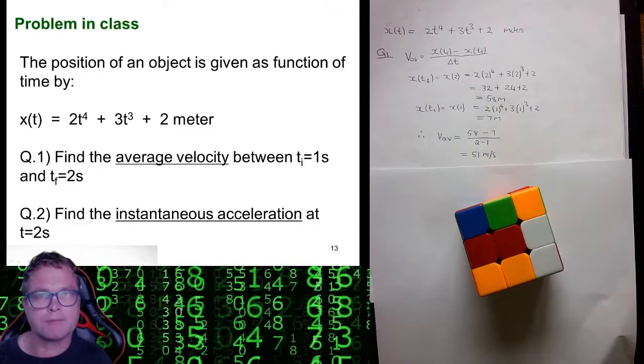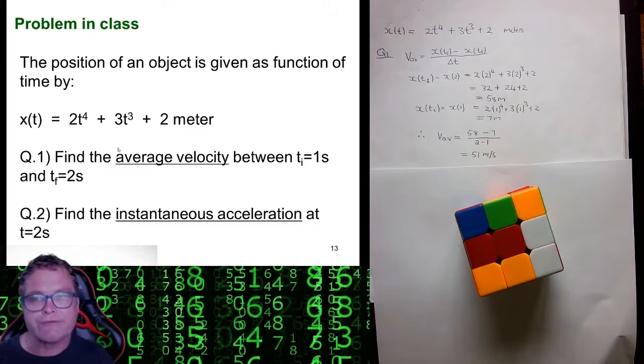Let's do a problem to test our understanding of the concepts of average velocity and instantaneous acceleration. So in this problem, they say the position of an object as a function of time, x is a function of time, is given by this expression. We can see it depends on time.